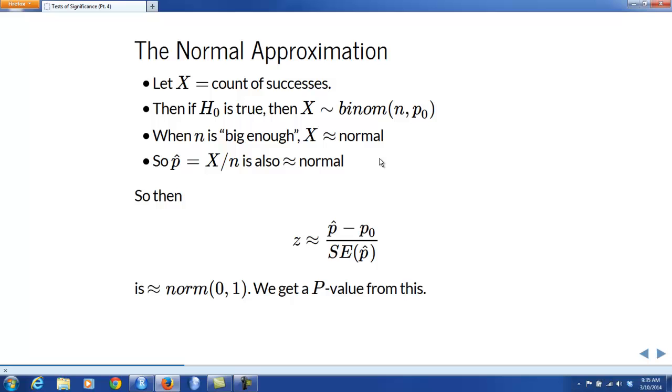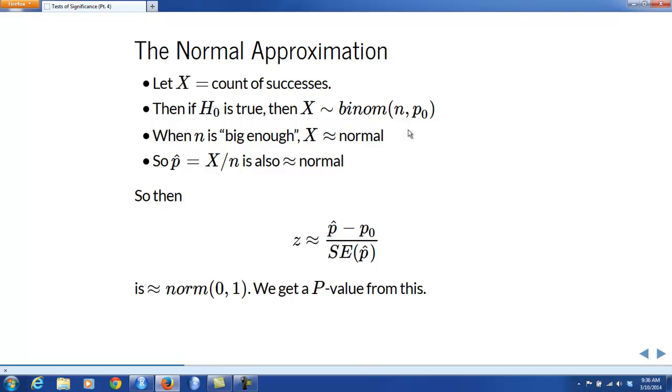Now, if the null hypothesis is true, then the chance of success on each trial is the 0.50 value, the p naught, the null's belief about p. So if the null hypothesis is true, then that count of successes has the distribution that's binomial with n equals 71 trials and chance of success equal to p naught, 0.5.